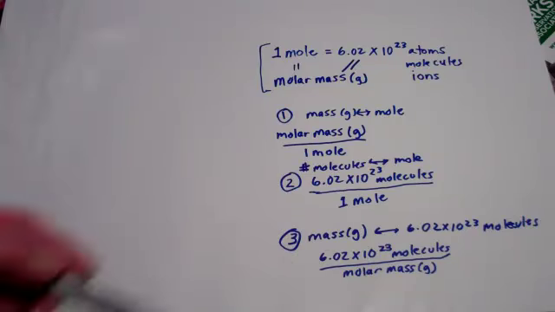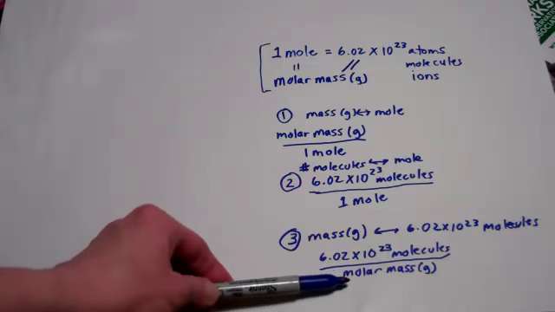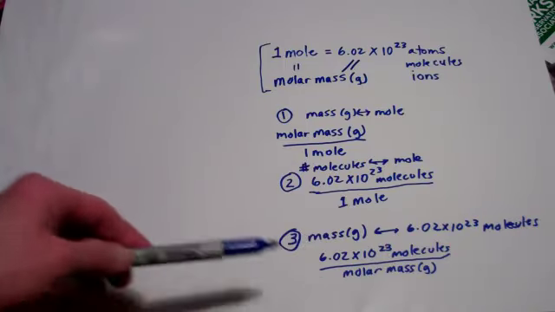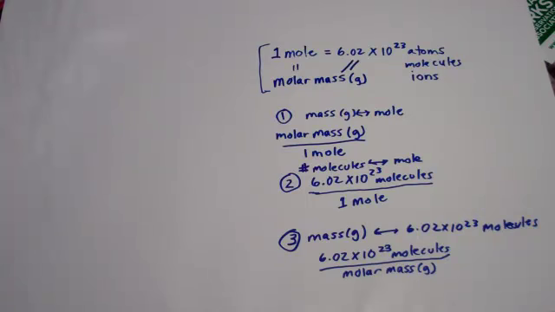Again, we can use this conversion factor in either direction as well. So we can put the molar mass in grams on top and the number of molecules on the bottom. Again, it's just going to depend on what we want to calculate. We'll keep coming back to this setup when we want to calculate different problems. So in the next section, we're going to do some example problems using these different conversion factors.